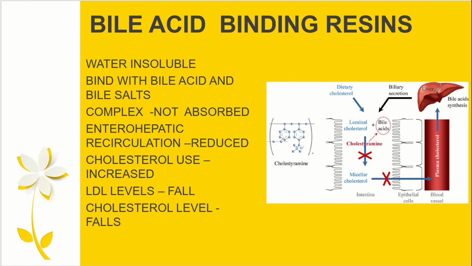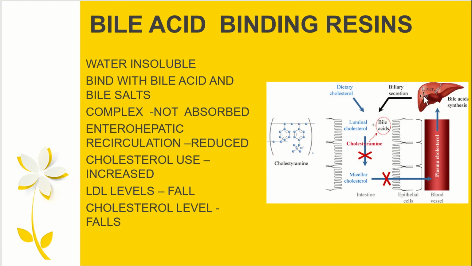So cholestyramine resin absorbs and combines with bile acids in the intestine to form an insoluble complex which is excreted in the feces. This results in a partial removal of bile acids from the enterohepatic circulation by preventing their absorption.